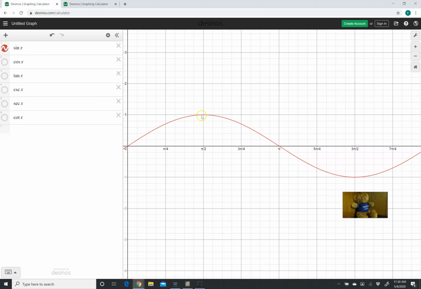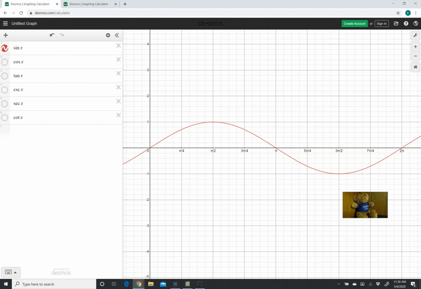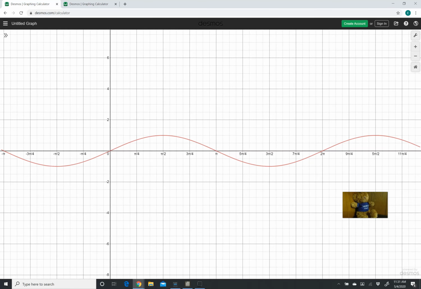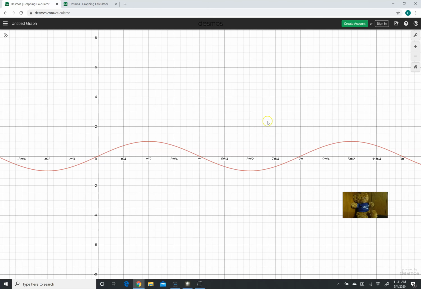At pi over 2, it's 1. At pi, it's 0. At 3 pi over 2, it's negative 1. At 2 pi, it's 0. And you can see it keeps going and going in both directions. So this would be the sine.